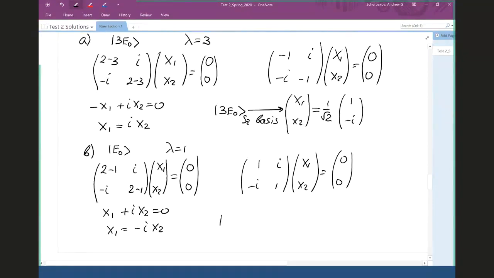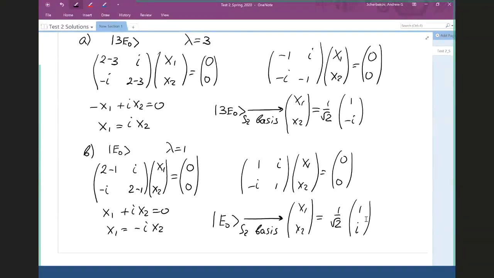So that means that my vector E0 in SZ basis, this x1, x2 vector is, now if I choose x2 to be i, then x1 is again 1, and normalization 1 over root 2. Remember, if you choose x2 to be something else, it would not really change anything. It will just multiply the whole vector by overall phase, which will still produce the same vector.